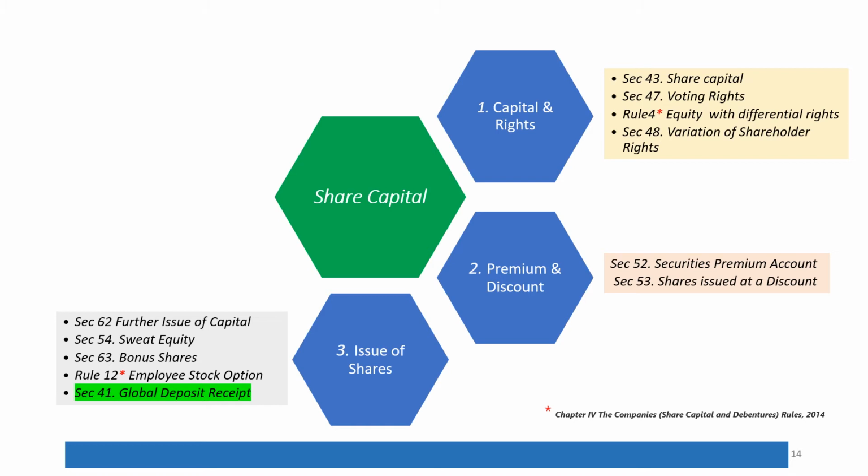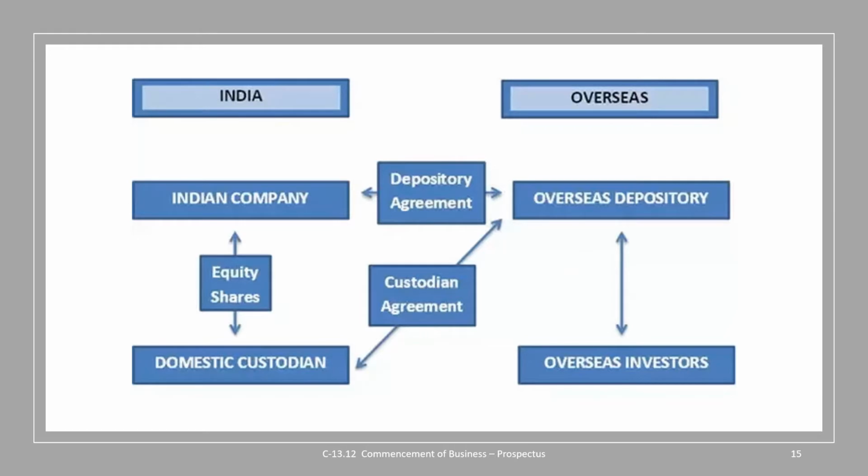This brings us to another aspect which is known as global depository receipts. It is issued within the country, but the GDRs are listed outside the country. This graphic presentation must help us understand the situation better.